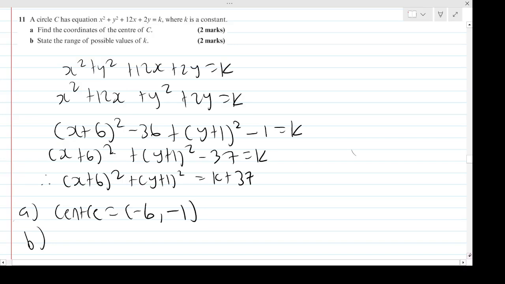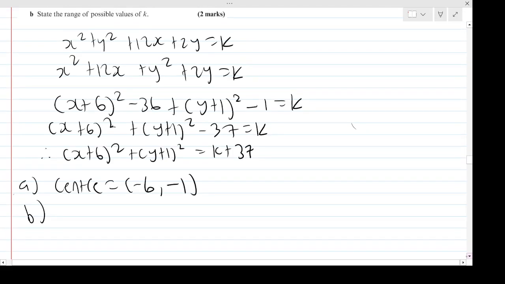Part B then says, state the range of possible values of k. Okay, interesting. Seeing that for the first time might throw you off, but hopefully it makes sense because it's fairly simple. Well, this is a radius squared, but the whole idea is that the radius is a length. It's a physical thing.